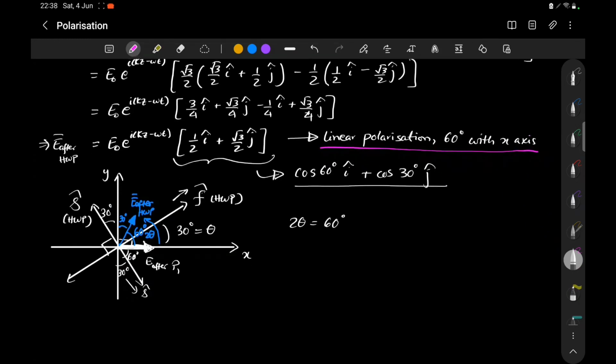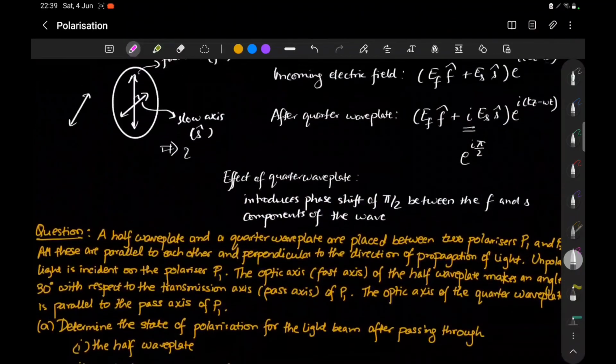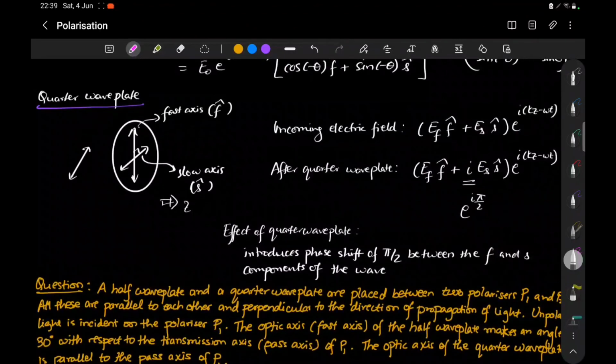Now let us consider the effect of the quarter wave plate. A quarter wave plate essentially converts linearly polarized light into circularly polarized light. We can see that from here.